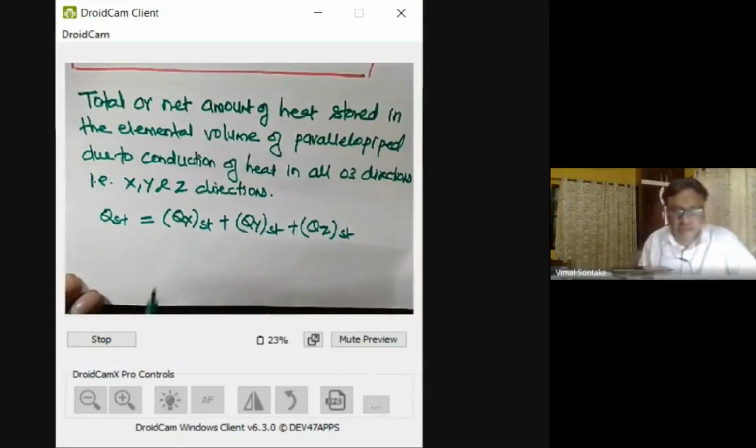Now let us put the expressions for all these three heat stored, Qx, Qy, and Qz.